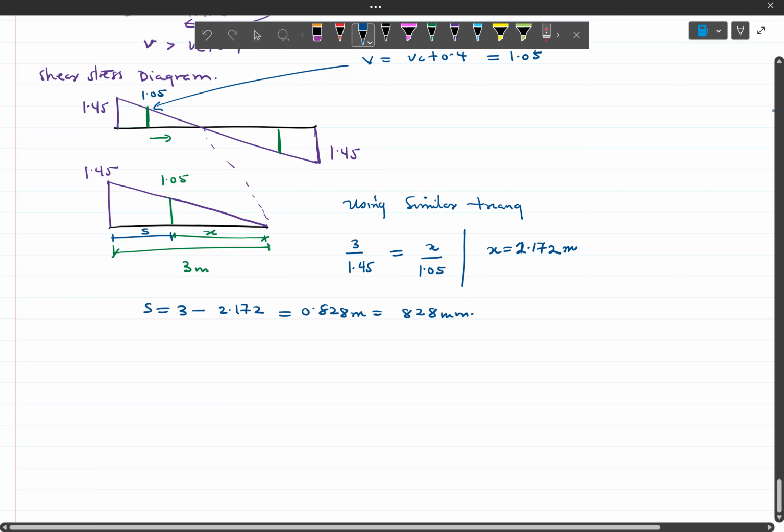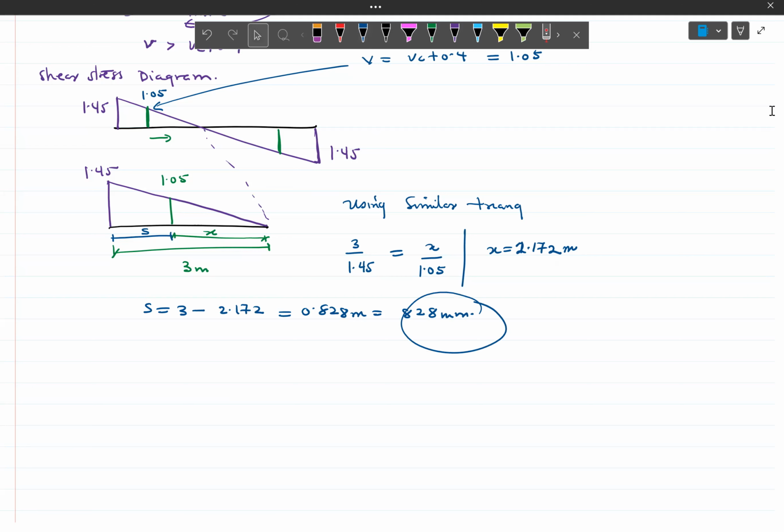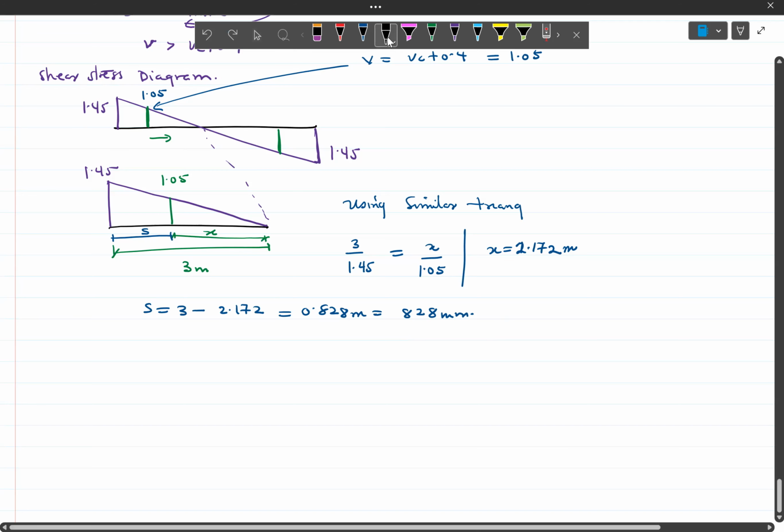Okay. So pretty much this distance here, the 828 millimeters, has some few things interfering.